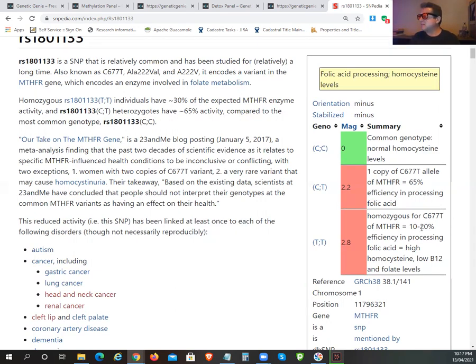And so basically, when it comes to this one, it's 10 to 20% efficiency in processing folic acid, and high homocysteine, low B12 and folate levels, which can be corrected with riboflavin. So the actual gene can be improved, it can be upregulated, but only with riboflavin. That means a lot of riboflavin, which you tend to get in animal foods excessively.